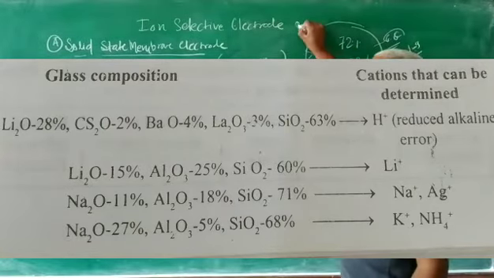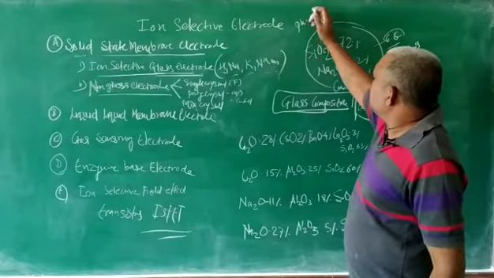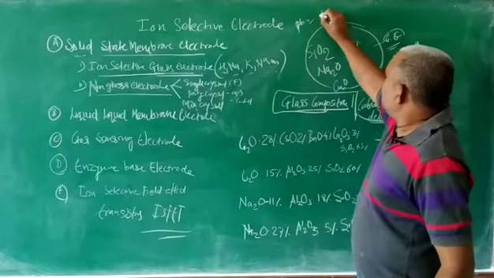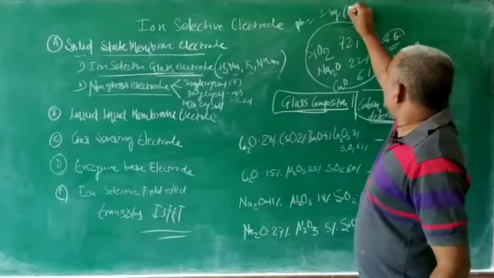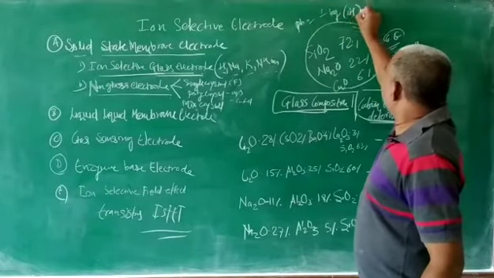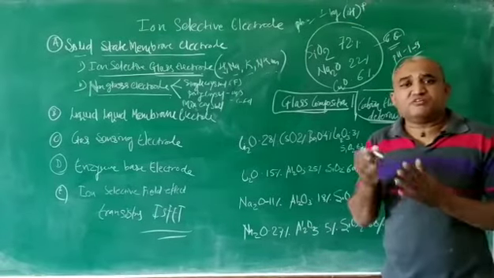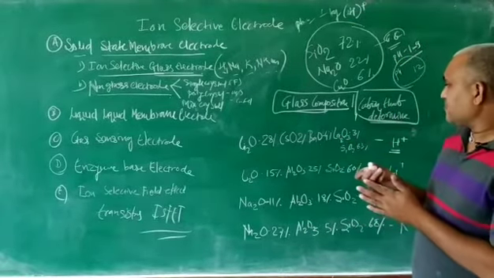The definition of pH is minus logarithm of concentration of hydronium ions. So in pH we measure the concentration of hydronium ion.